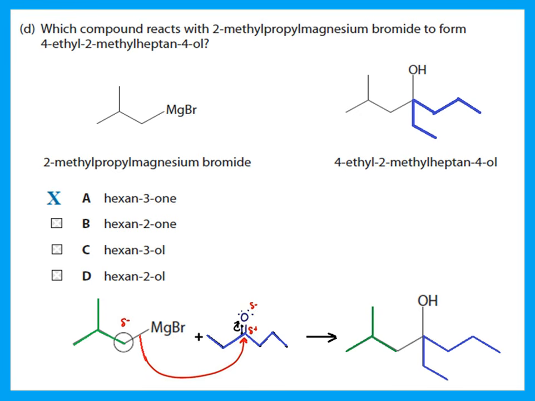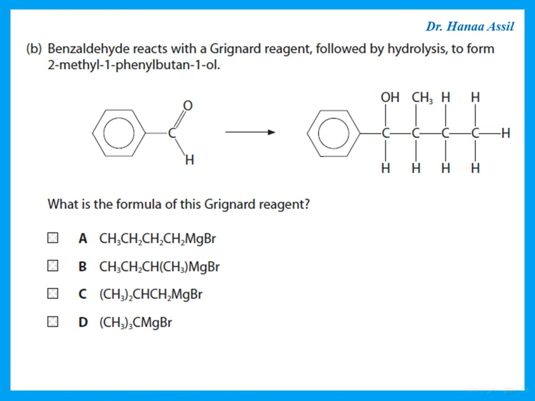Can you see how we think about it? Let's see the part we're adding, and then we put it as a ketone or an aldehyde if that's what it was. Benzaldehyde reacts with a Grignard reagent followed by hydrolysis to form this compound which we call 2-methyl-1-phenylbutan-1-ol. What is the formula of this Grignard reagent?